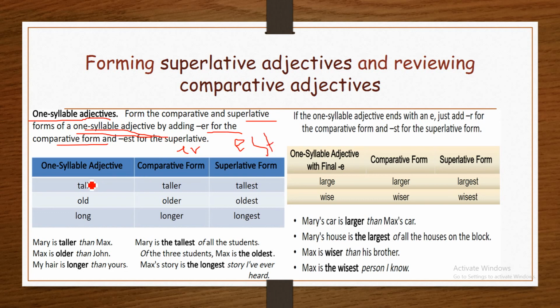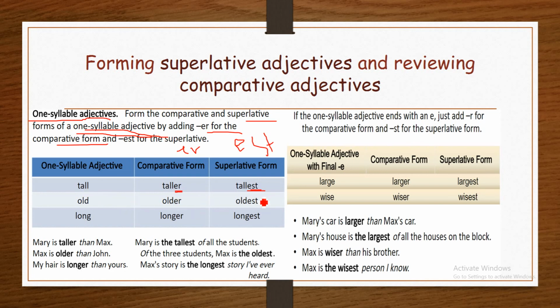For example, one-syllable adjectives: tall, old, long. These are one-syllable adjectives. For the comparative form, we just add er, and for the superlative form, we add est. Tall, taller, tallest.